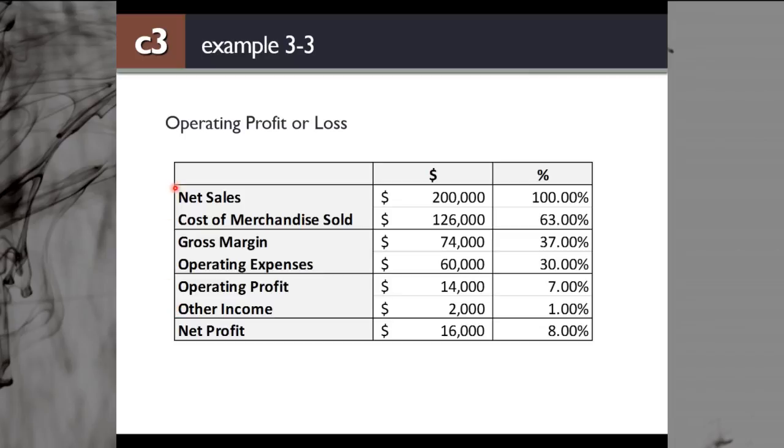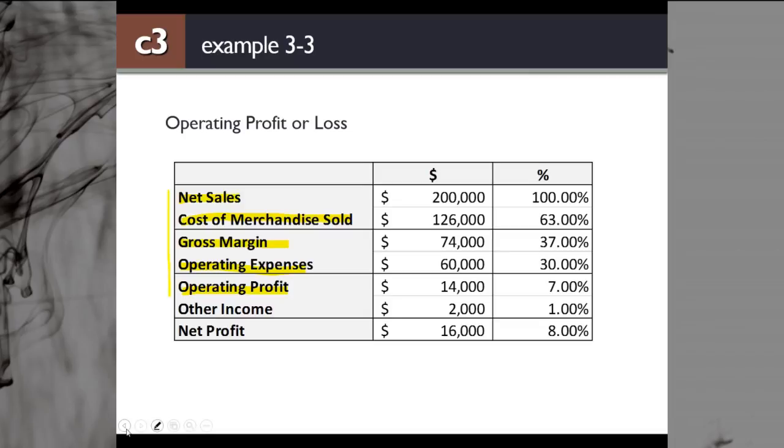So here, 5 important concepts from the profit and loss statement: net sales, cost of goods sold, gross margin, operating expenses, and operating profit. So these are the 5 important concepts from the profit and loss statement.